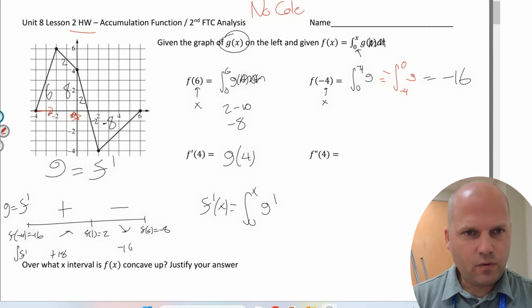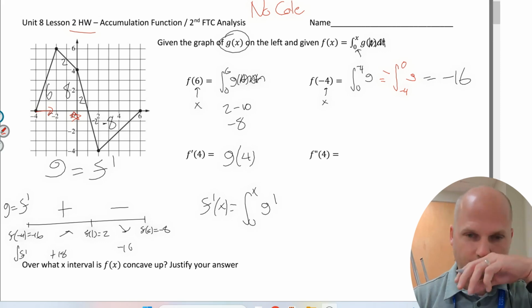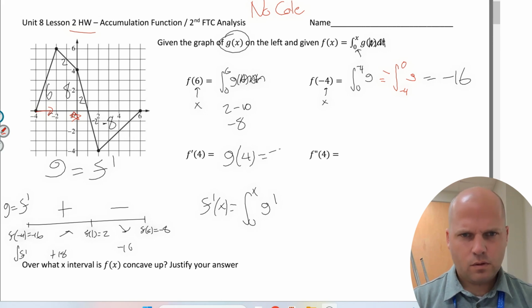G prime is -4 over 2. And then, so that's -8, and then +2, -6. Is g of 4 -6? No, g of 4 is -2. So not the same.